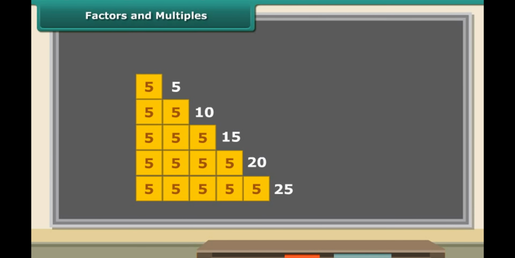Each of these numbers is greater than or equal to 5. 5 is a factor of 5, 10, 15, 20 and 25. 5 is equal to or smaller than each of these numbers.